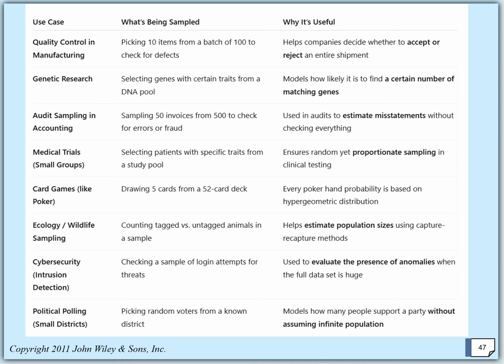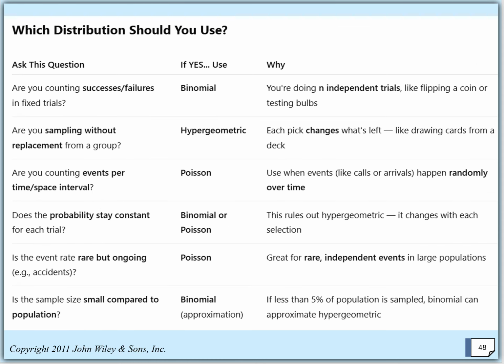Medical trials, selecting patients with specific traits for a study pool. Card games. Ecology, wildlife sampling. Cybersecurity intrusion detection, used to evaluate the presence of anomalies when the data set is huge. Political polling, so picking random voters from a known district, and so on.